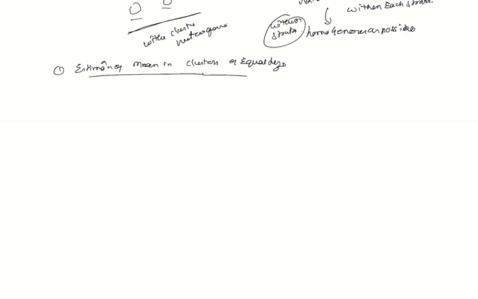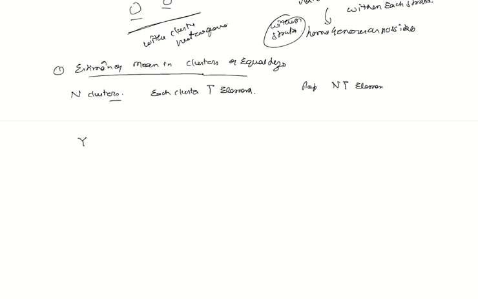Okay, so the population for example can be divided into N clusters, and each cluster consists of t elements. So obviously the total population will consist of Nt elements.